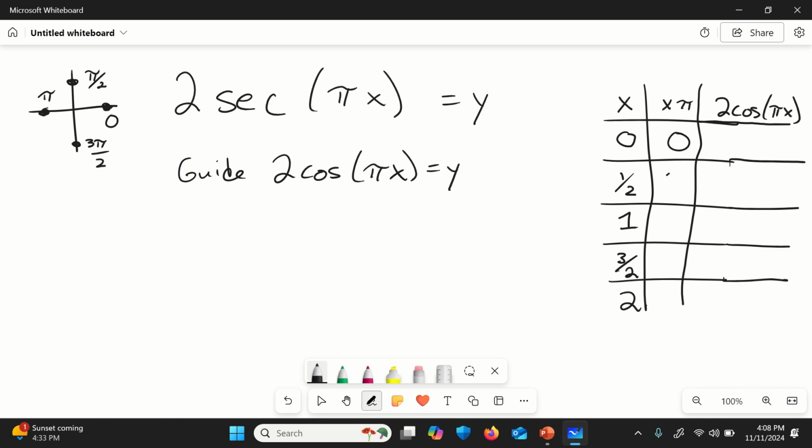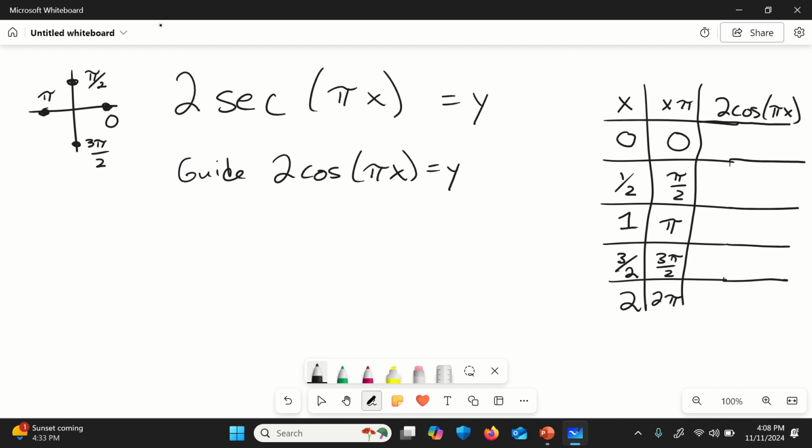Pi times 1/2 is pi over 2. Pi times 1 is pi. Pi times 3/2 is 3 pi over 2. And pi times 2 is 2 pi. As mentioned in the previous video and in class lecture, this center column should result only in angles that fall right on an axis. So taking the cosine of the angles is as simple as identifying the x coordinate for that angle on a unit circle.